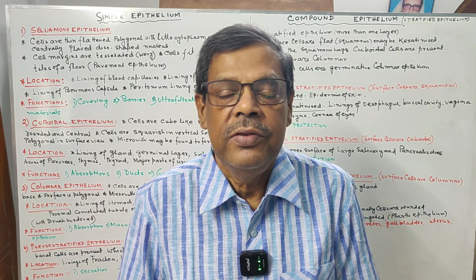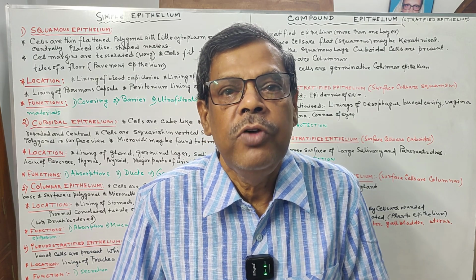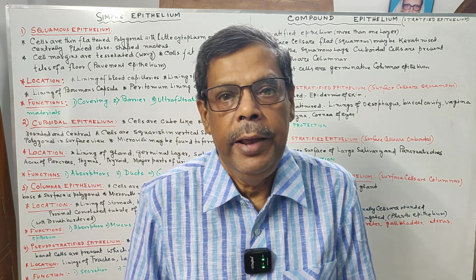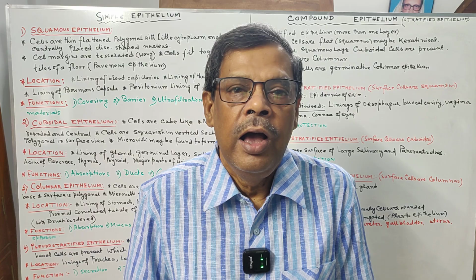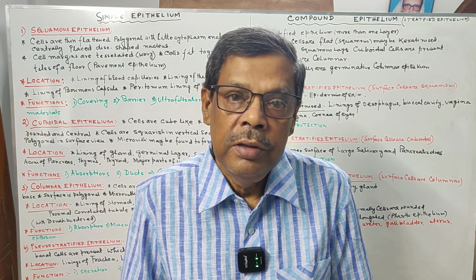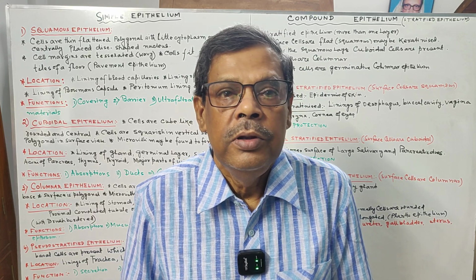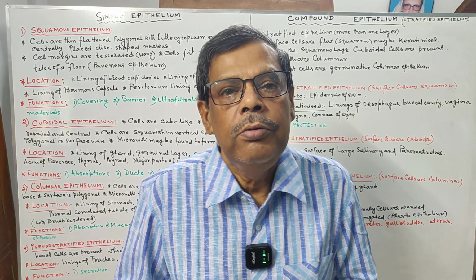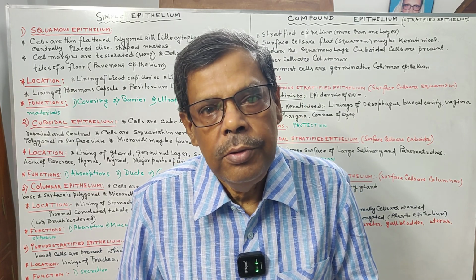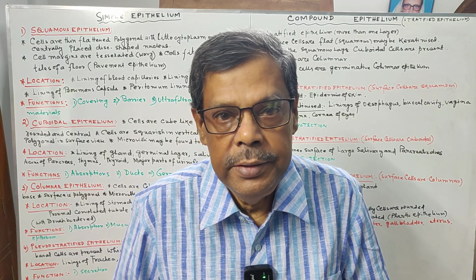I will discuss the different types of epithelial tissue today. I have discussed epithelial tissue in another video. Generally, there are two types of epithelial tissue according to the layer.